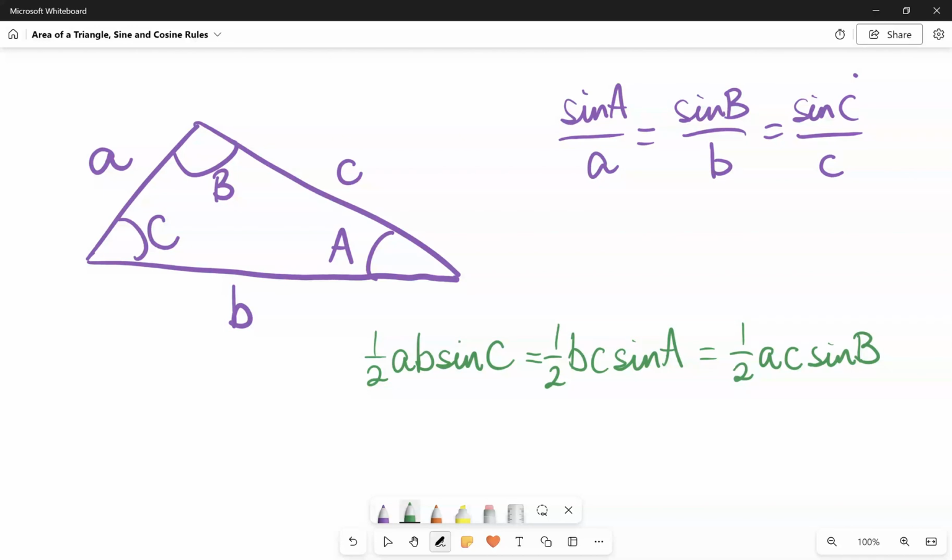So if we relate the first and second equation, we can cancel out a half b.